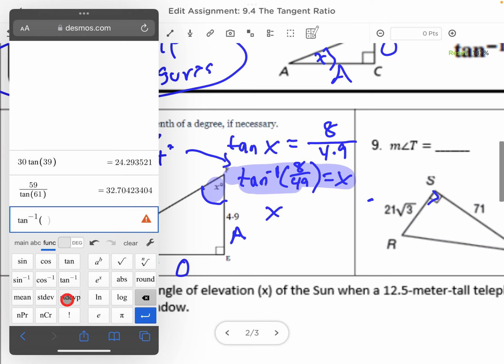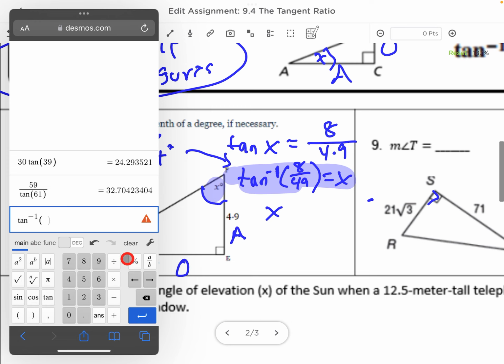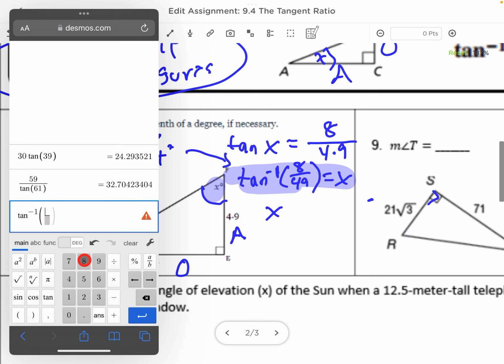Now I'm going to go back to my main, and 8 over 4.9. Okay, and it gives me 58.51. So it's approximately 58.51, which means it's approximately 58.5.